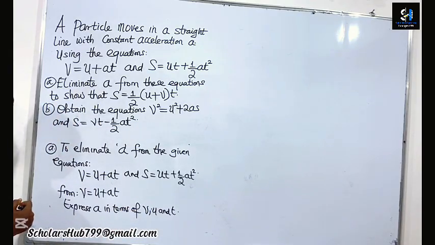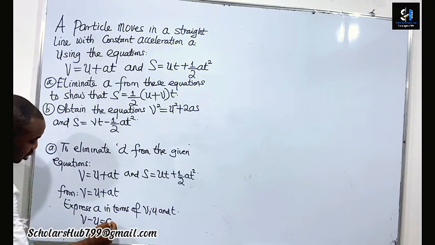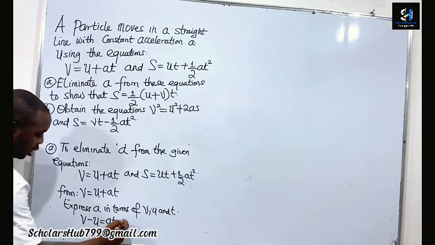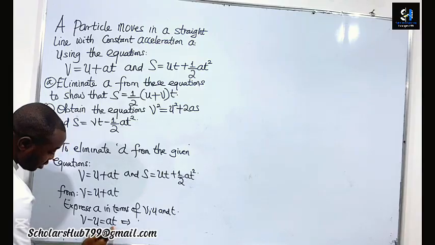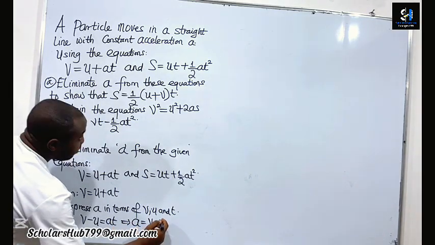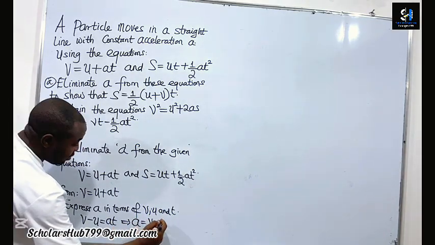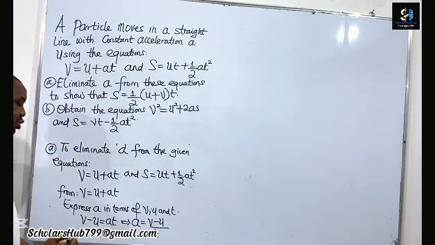That is to make a the subject of the formula. So this will be v minus u equals at. And from here, dividing both sides by t, we're going to have a equal to v minus u over time t.